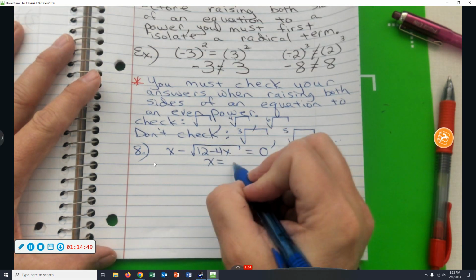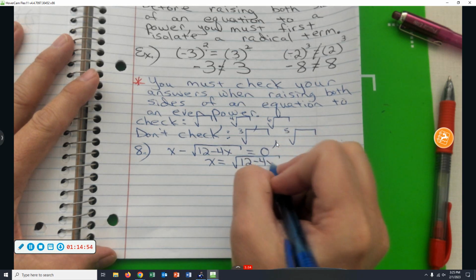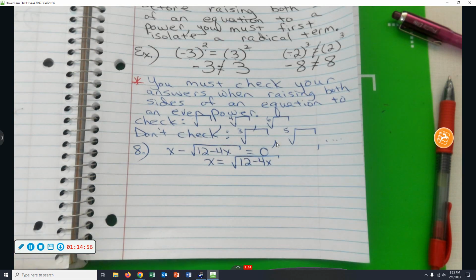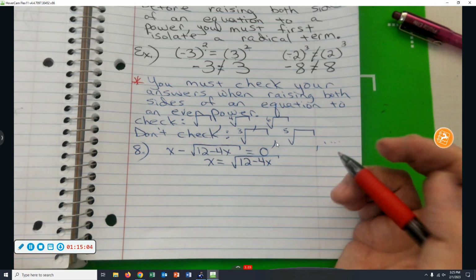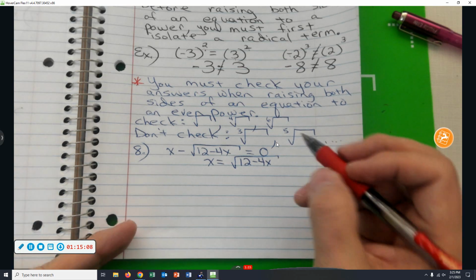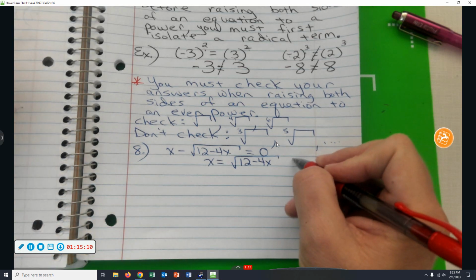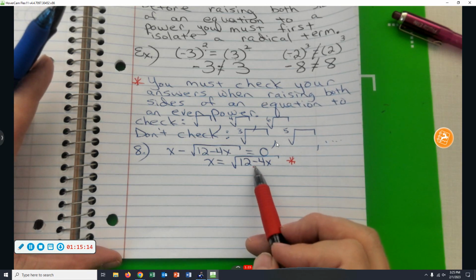x equals the square root of 12 minus 4x. Now, I would make a note. You're going to have to check your answers because it's a square root. I think it's easiest to check your answers in this form here, the one where the radical is isolated.